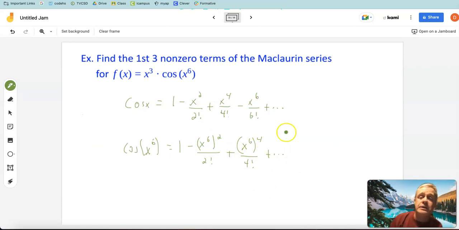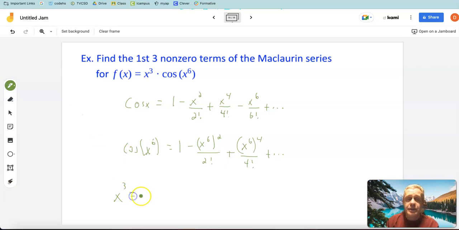And this here is the Maclaurin series for just cosine of x to the sixth. So now to get the Maclaurin series for cosine of x to the sixth times x to the third, we just have to multiply the two Maclaurin series for these functions, and we would have our answer.